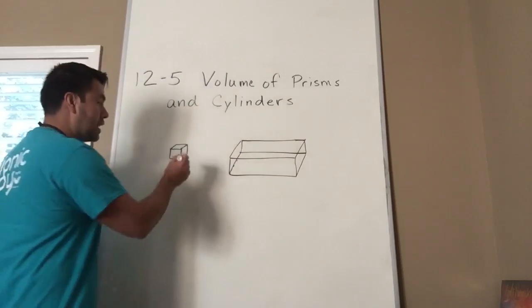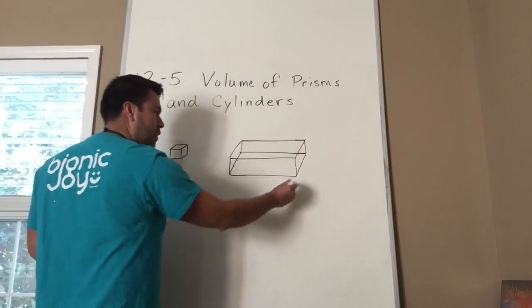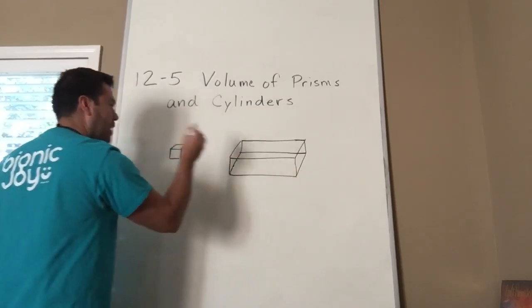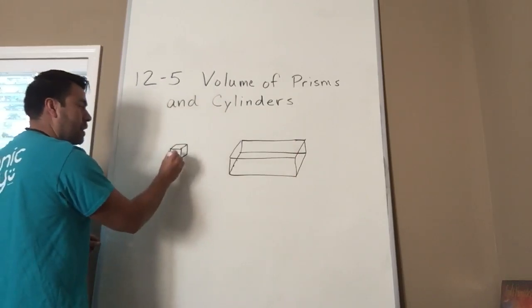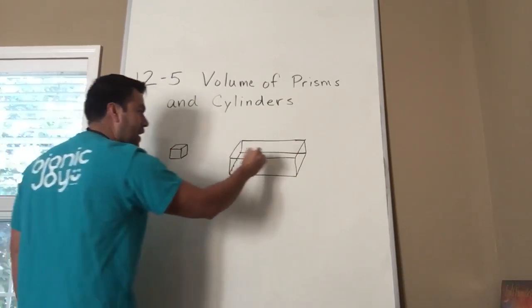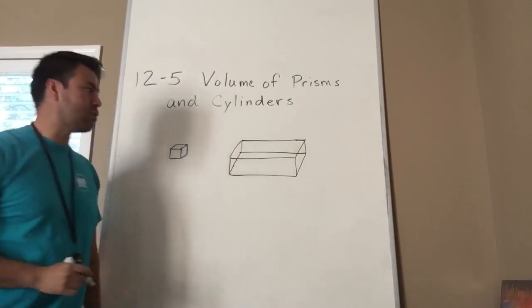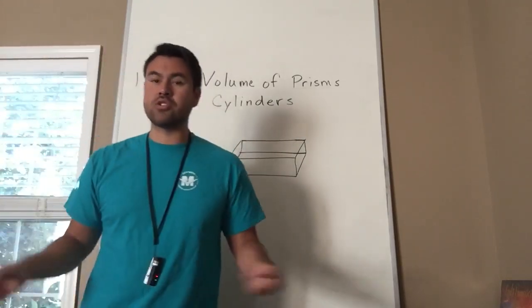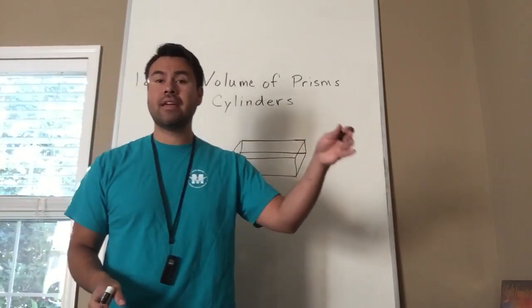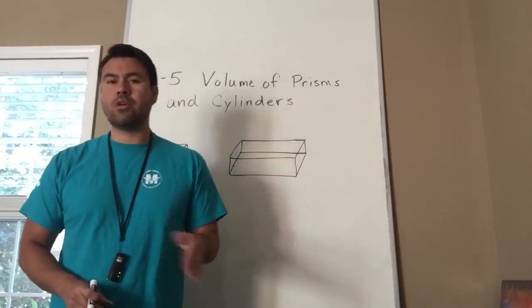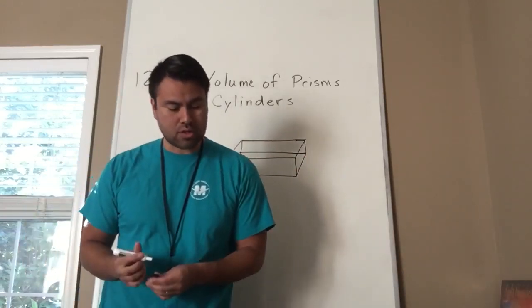So I'm asking, for example, if I say find the volume of this rectangular prism, how many of these cubic units can fit into this rectangular prism? And that's how you're going to get your answer. You're going to say something cubic units. So cubic feet, cubic miles, whatever the units we're dealing with.